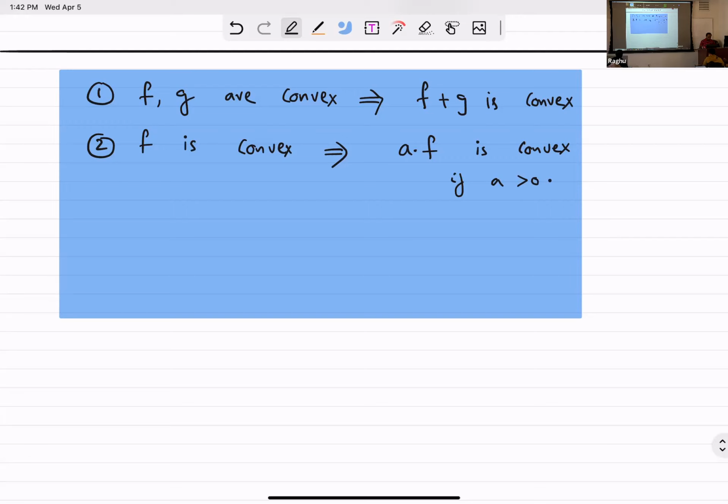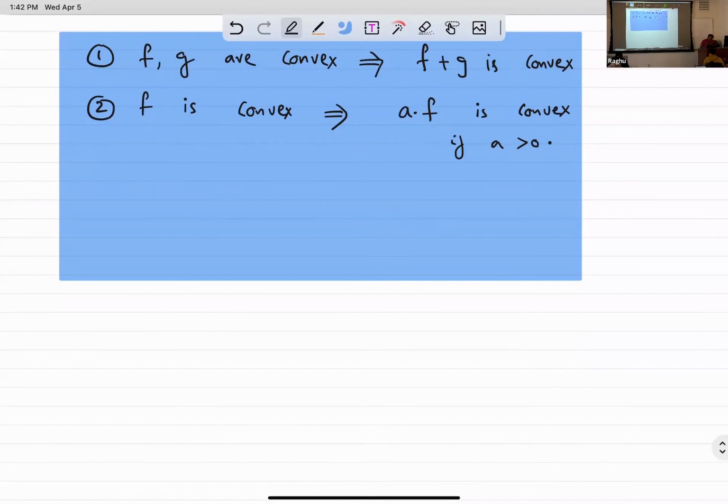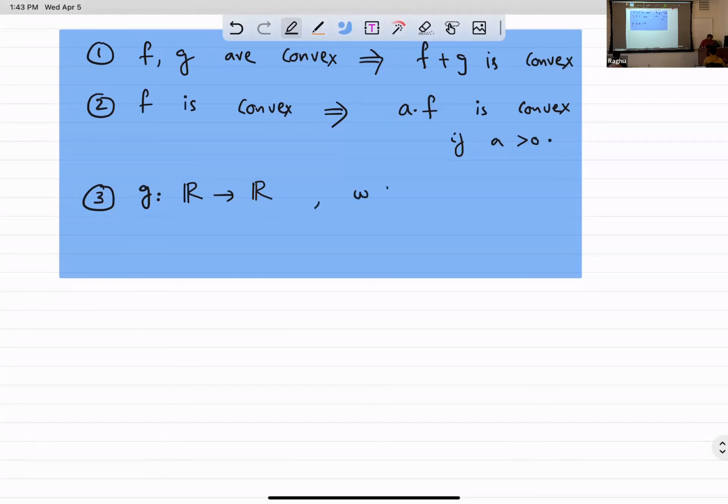Okay, and finally, if I have a univariate function, a single variable function g, and I have a vector w in d dimensions, I can define a new function in d dimensions, which basically takes the linear function corresponding to w and applies g afterward.